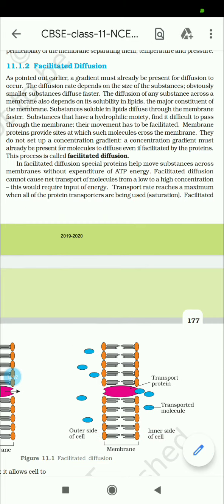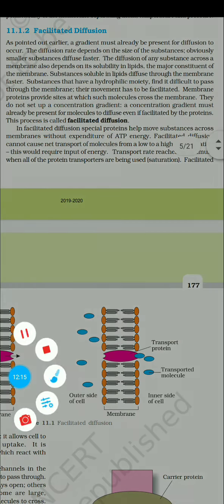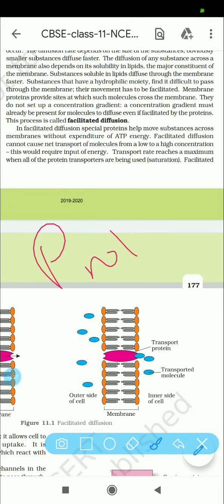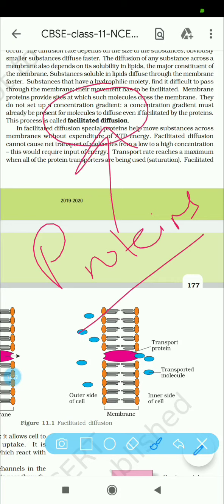So for their movement there must be a concentration gradient, because remember it will always be along the concentration gradient, and it will be facilitated by what we call proteins. There will be some proteins which can play a role in this facilitated diffusion. These are specialized proteins which, without use of ATP, can transport molecules from high to low concentration.